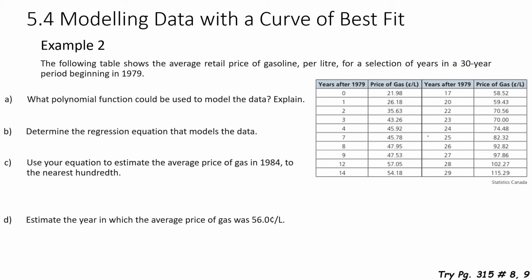So we're going to go to stat. I suppose we can put in our answer. The first one, which polynomial function can be used to model the data? This is a cubic function.